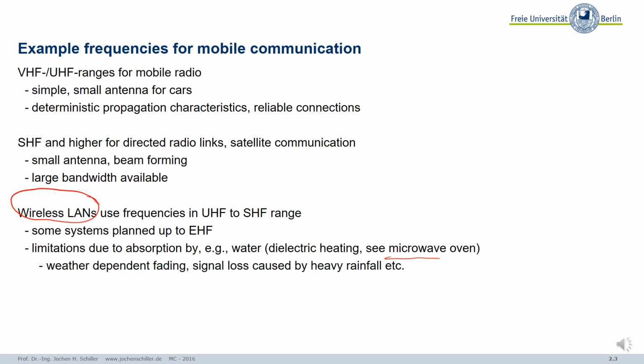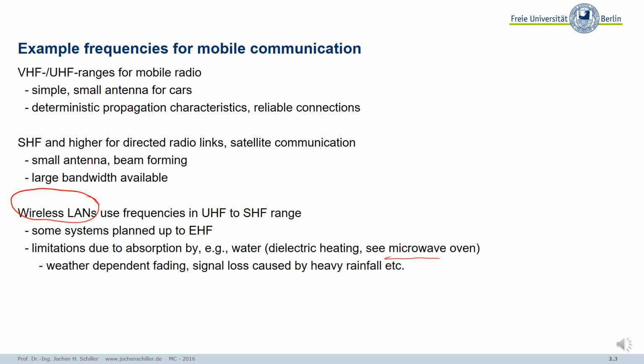Because wireless LAN operates at whatever 100 milliwatts, a microwave oven operates at 900 watts. So a huge factor, and even if you shield your microwave oven, it still emits a fraction of these electromagnetic waves to the environment, and this causes a lot of interference.